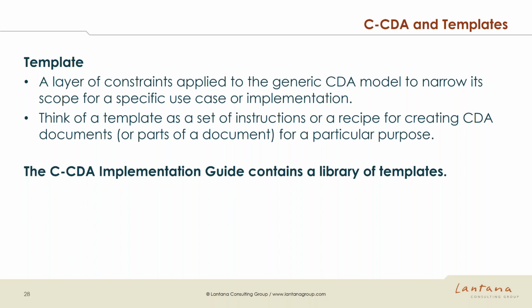I tend to think of things in terms of a cooking analogy, since I'm a big foodie myself, and I like to think of a template as almost a recipe for creating CDA documents for a particular purpose. So the CCDA implementation guide itself contains a library of templates, so you can think of that implementation guide much like a cookbook that gives you the recipe for creating various document types and various snippets of sections, narrative, coded data, and such.